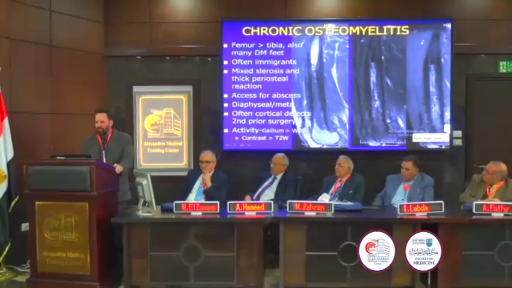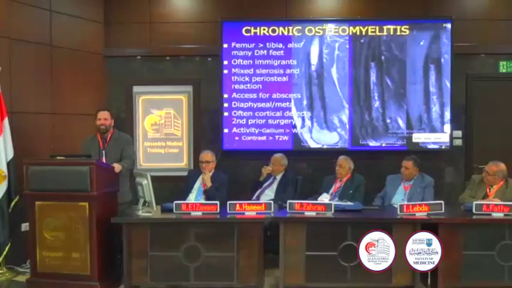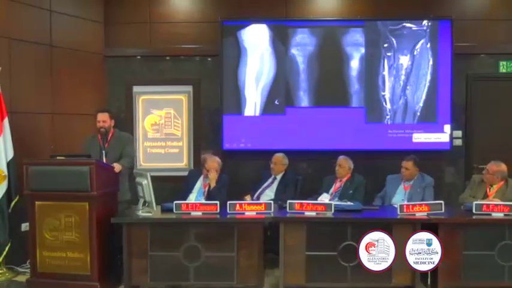More chronic osteomyelitis in the femur. It looks like osteo, but the cortex is thick. There's an organized periosteal reaction, and we call that organized periosteal reaction involucrum. Tibial malunion, infected, and you can see the abscess here, and hot on bone scan.